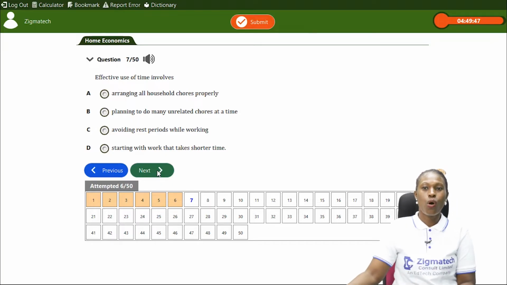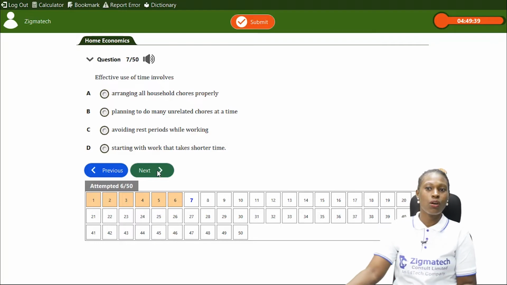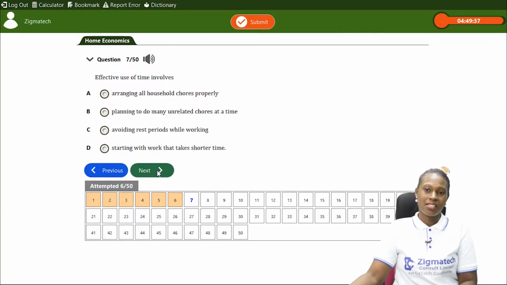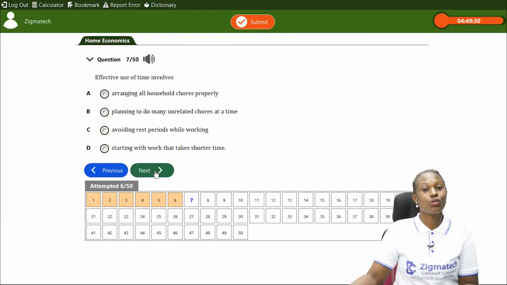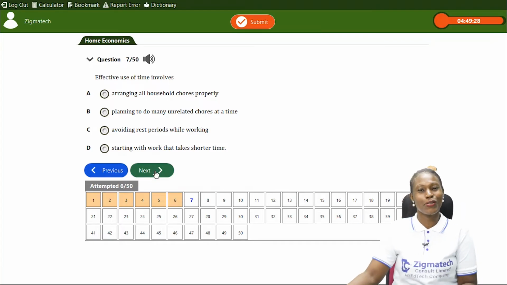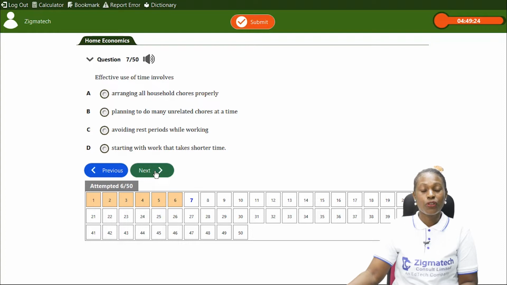Effective use of time involves, A, arranging all household chores properly, B, planning to do many unrelated chores at the time, C, avoiding rest periods while working, D, starting with work that takes shorter time. So which option do you think is the best answer for this question? The best answer is to arrange all household chores properly.